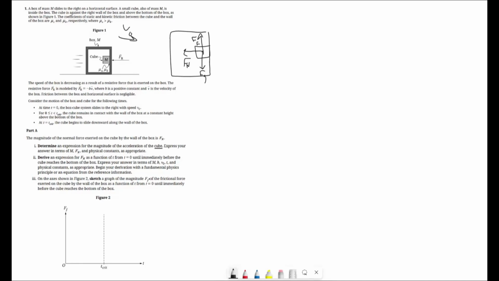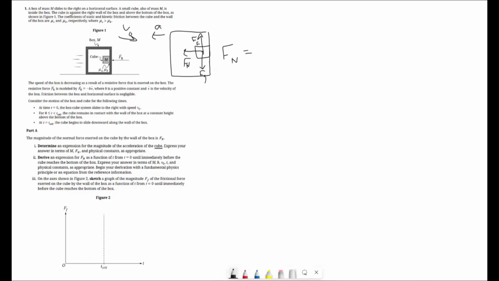So what this asks is, what is the acceleration? Well, we already know the acceleration, because of the overall picture, is going to be to the left. And the only force working to the left is f sub n. So the net force in that direction is f sub n, and it equals mass times acceleration.